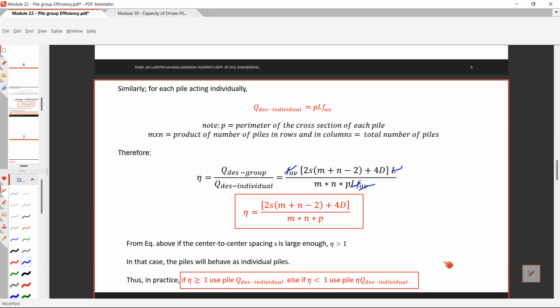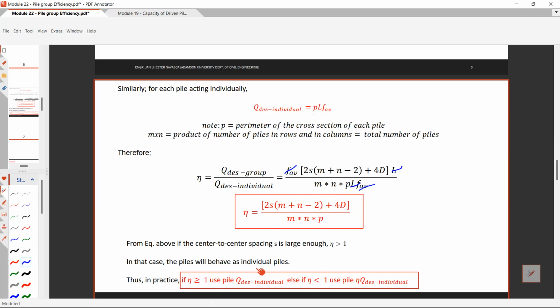Okay, and the efficiency factor nu is given by this equation. So whereas your S is the center to center spacing, your M is the number of rows, N is the number of columns, D is the diameter of the piles, and P is the perimeter of the piles at the ends, pinaka sa ilalim.